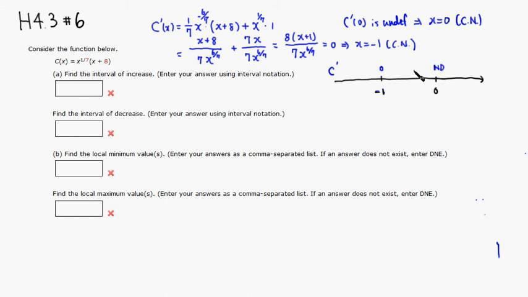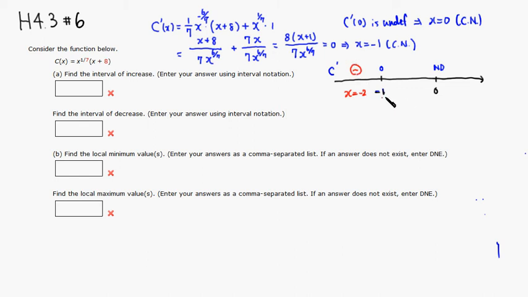So we can try any number less than -1. I'll try -2. If you plug in -2, on the bottom, because of the 6th power, the negative sign is gone, so that's positive, but -2 plus 1 is negative, so it's going to be negative here.